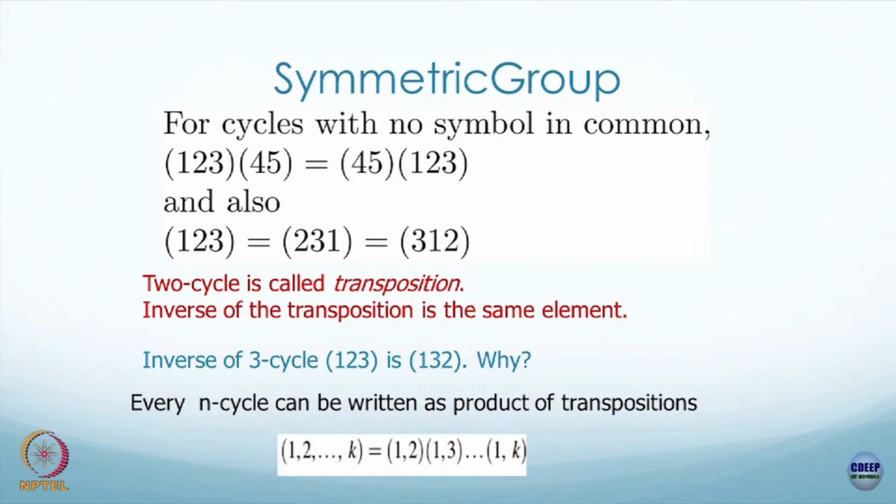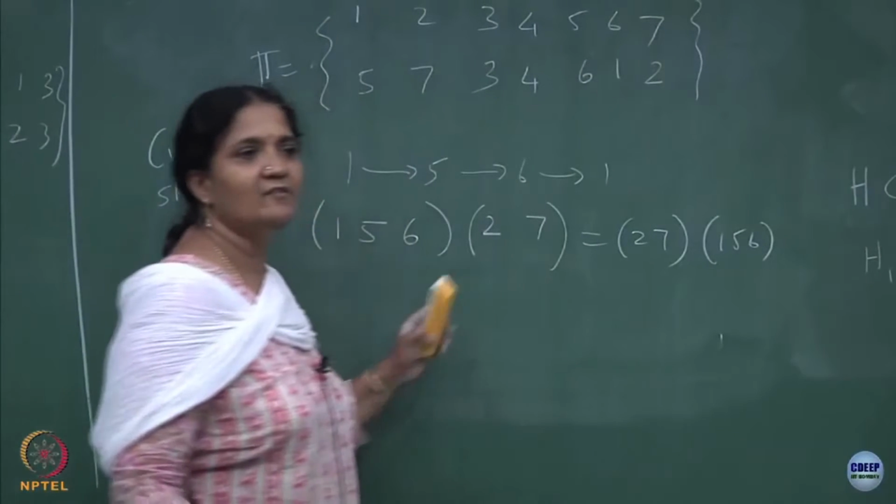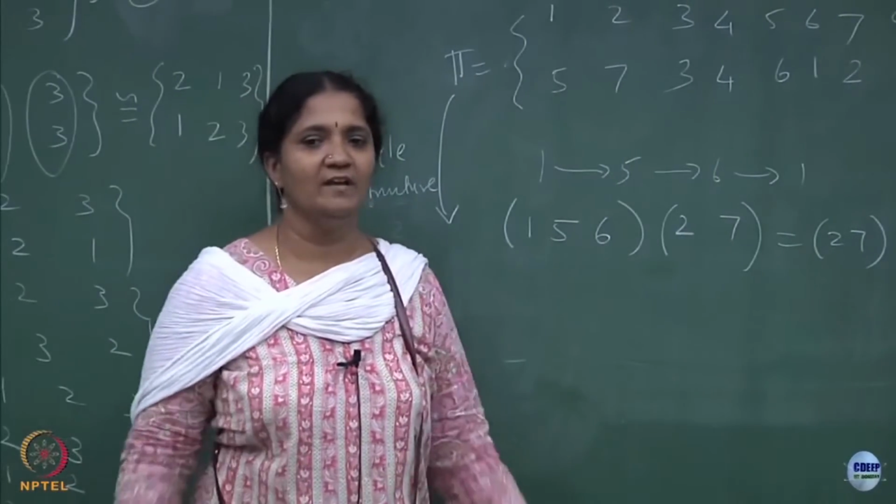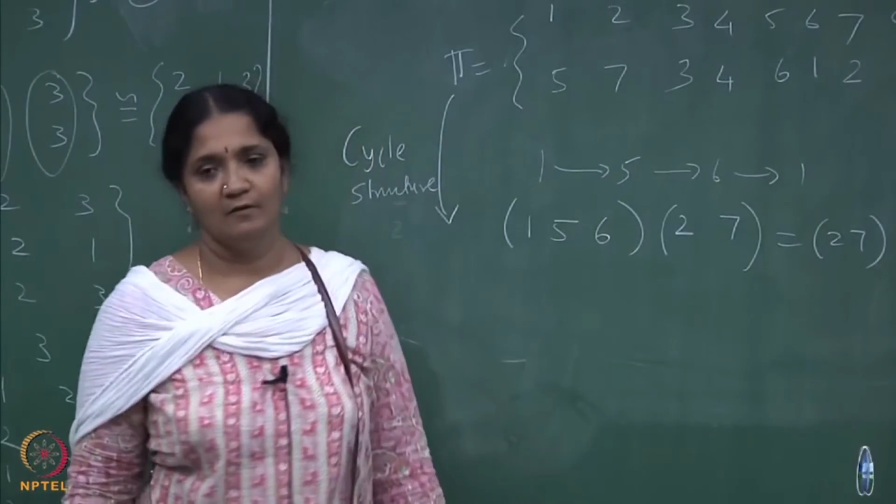There are a lot of advantages of seeing things in cycle structures. Order really does not matter whether I call the (1 5 6) permutation followed by (2 7) or (2 7) followed by (1 5 6). So, this will be the same as doing (2 7) and (1 5 6). These kinds of commuting elements are easy. Okay.